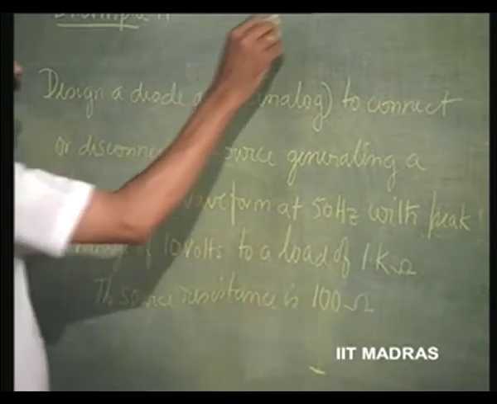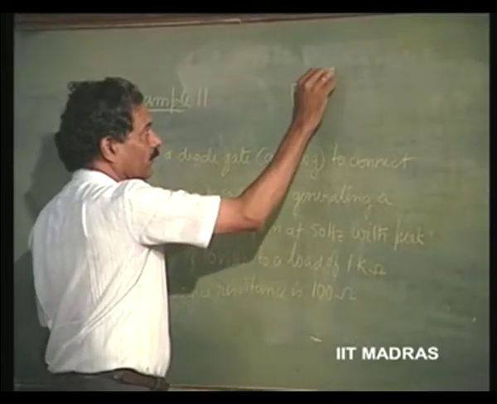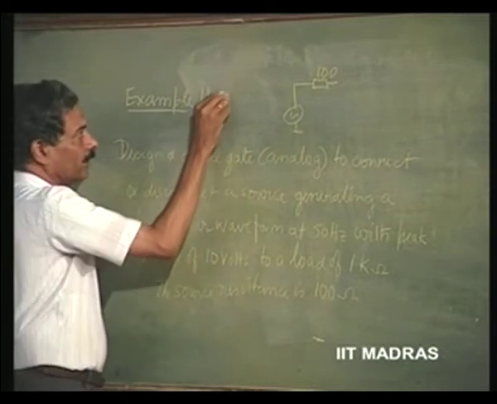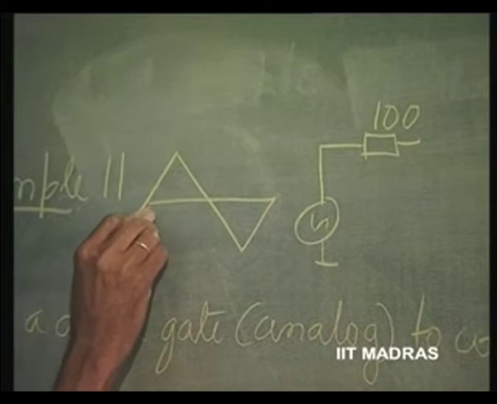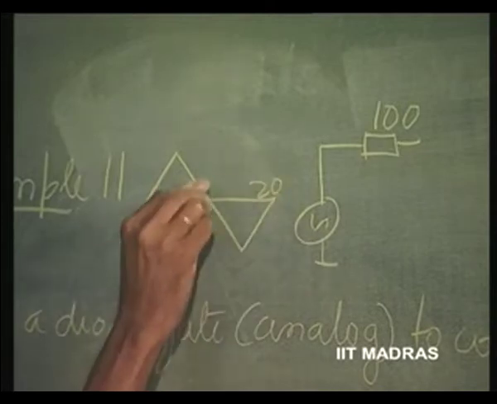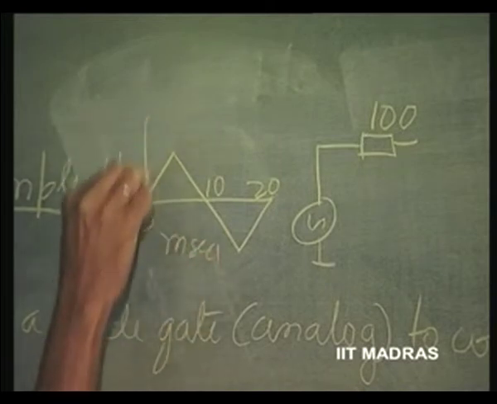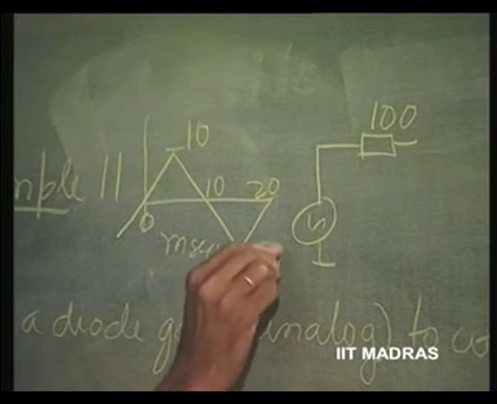The situation is pictorially depicted. 100 ohm is the source resistance. This is generating a triangular waveform with time period 20 milliseconds, 10 milliseconds here. This is 10 volts, this is minus 10 volts.